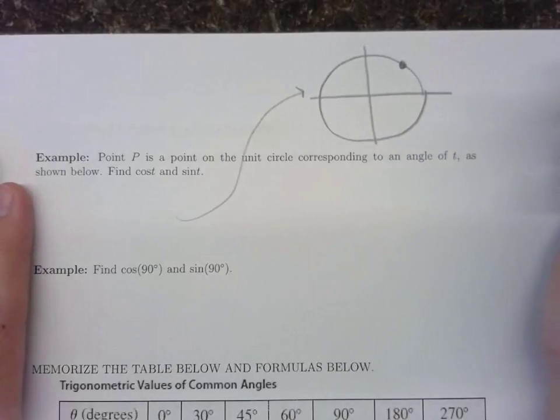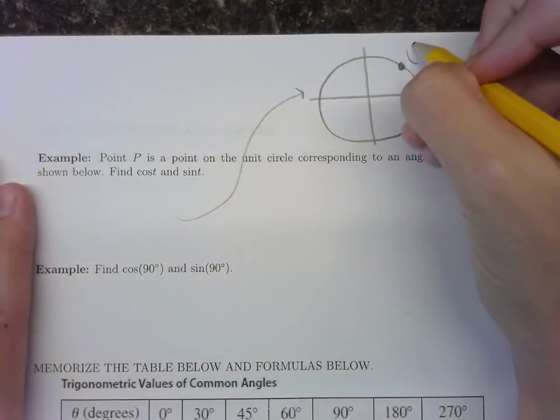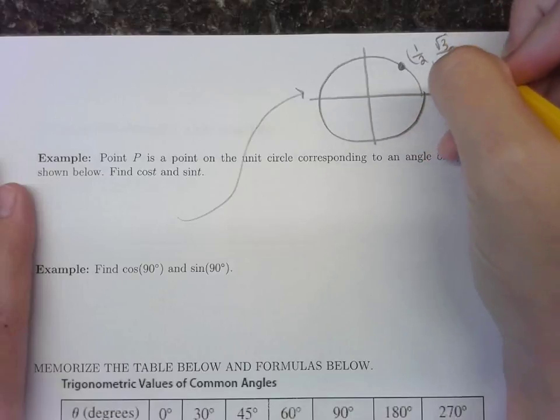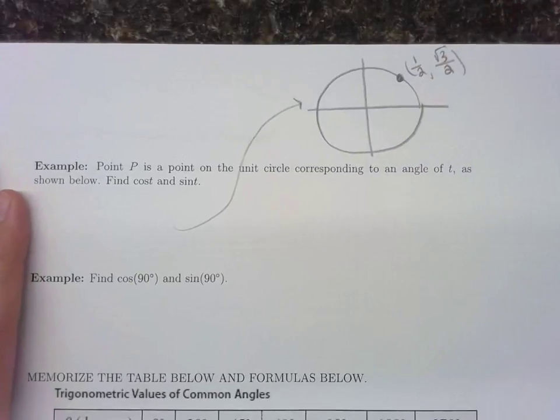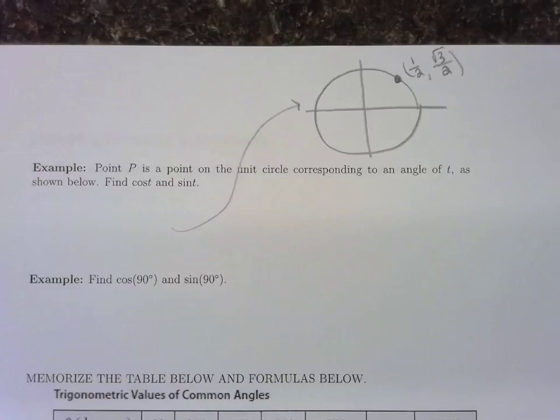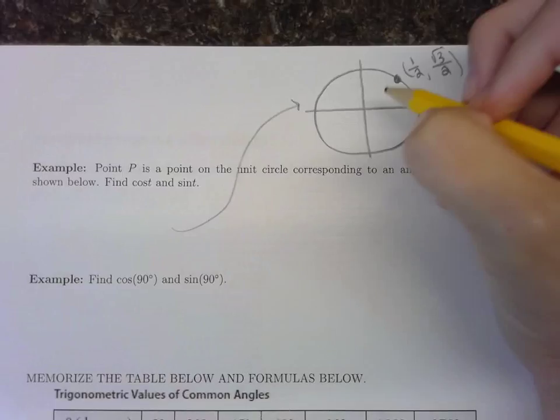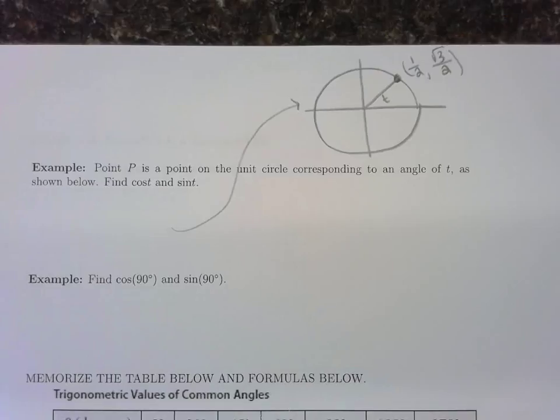We're given point P, and let's define this as (1/2, square root of 3 over 2). Then we actually don't need to know what T is. We can immediately find cosine T and sine T.